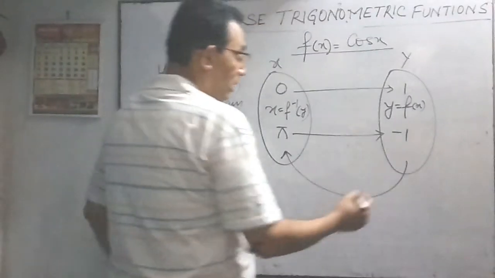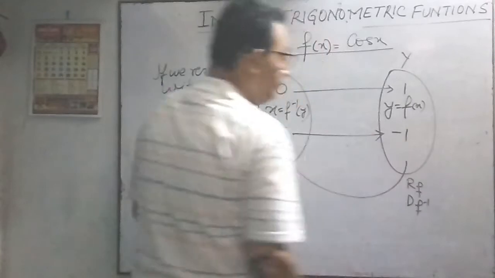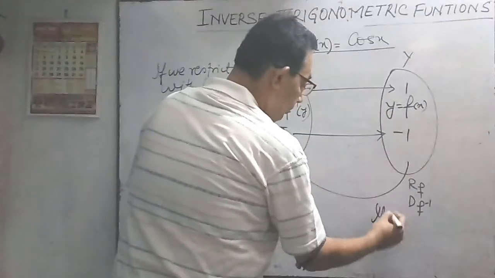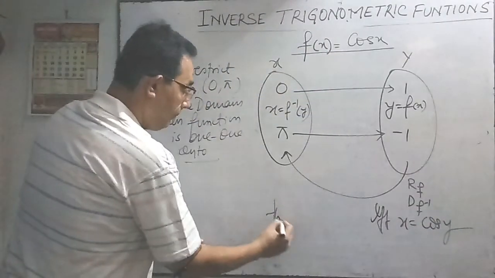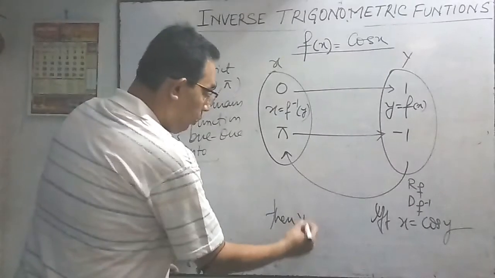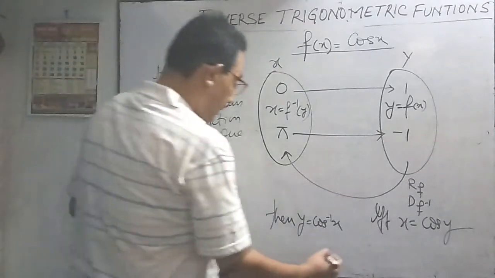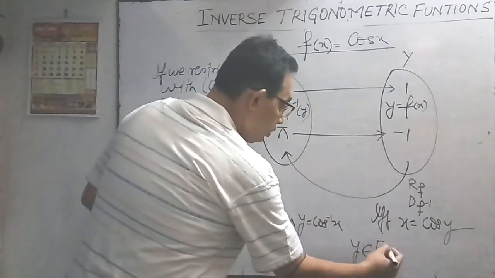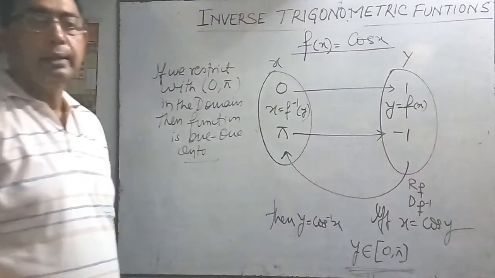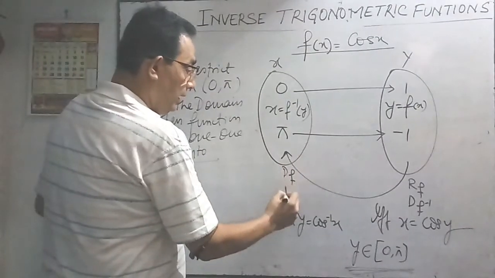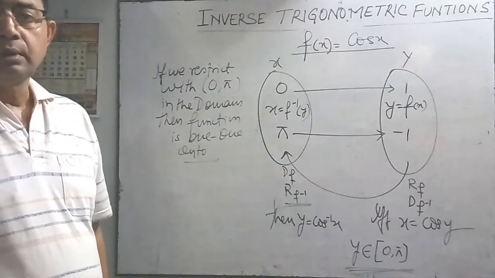Then you see here, if it is range of f, it is domain of f dash. If x equal to cos y, then y equal to cos inverse x, and y belongs to 0 to pi. It is domain f, it is range of f dash. Very simple, you can understand this one. Clear?